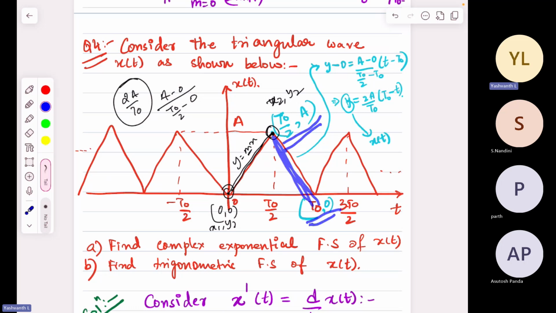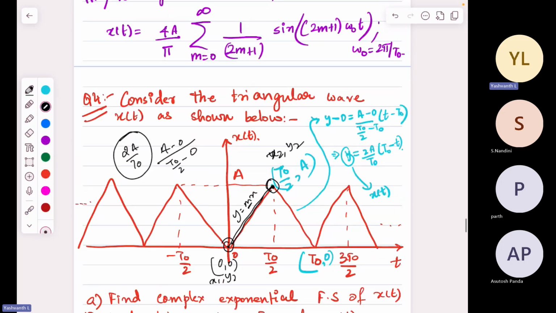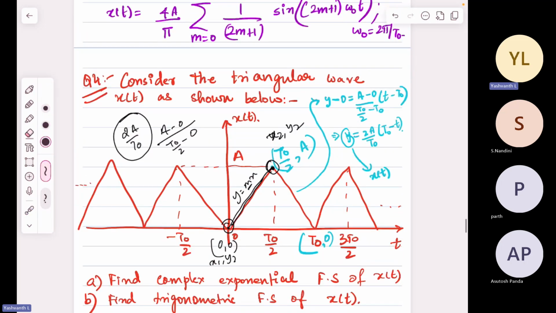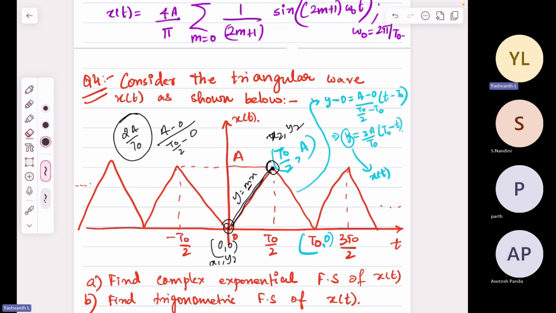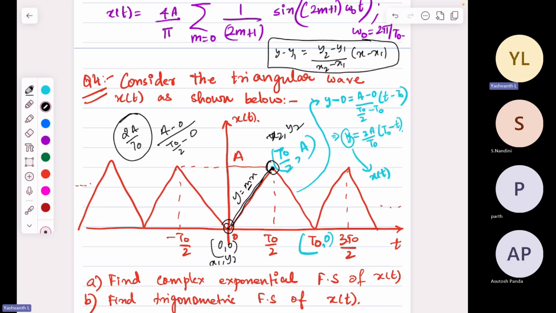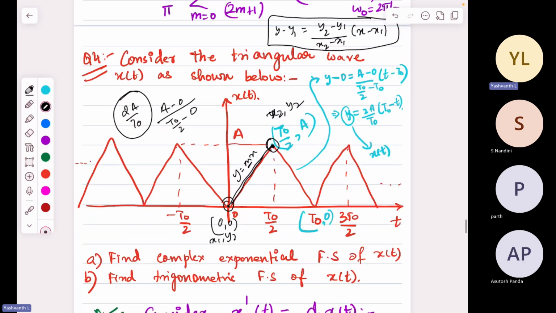The equation is given by y minus y1 is equal to y2 minus y1 by x2 minus x1 into x minus x1. I think this is one parametric form. This is the equation of a line if you're given the coordinates of the two endpoints. So that's what I'm applying.